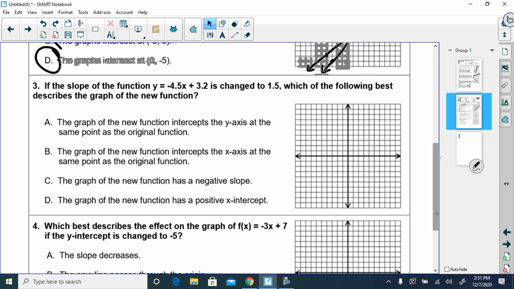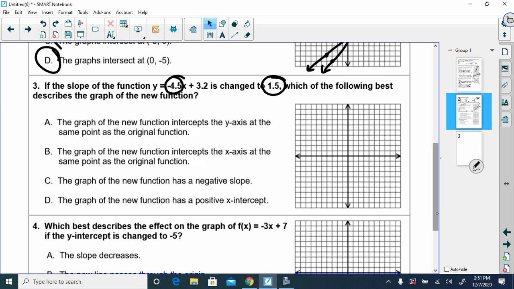All right. Number 3. If the slope of the function -4.5x plus 3.2 is changed to 1.5, which of the following best describes the new function? So, if this is the original slope and this is the new, what should I know about my slopes? Is one steeper than the other?